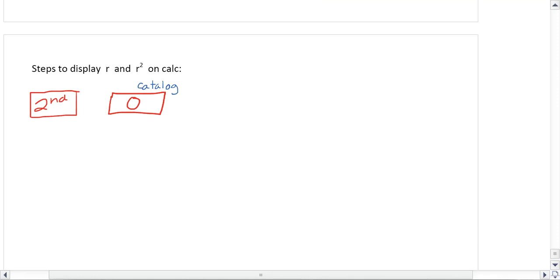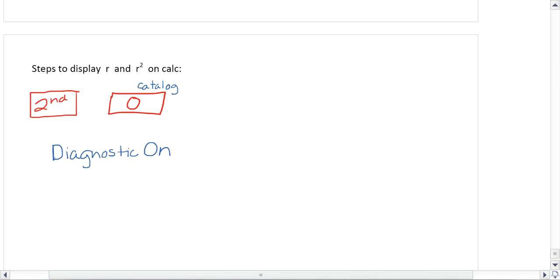Now we're going to look at how you get the calculator to display the R and the R squared. These are a real pain to calculate by hand, so we're going to use the calculator as our tool. The way you turn this on, we need to go to the catalog, and the catalog is the second function of the 0 key. So you hit second 0, and a huge list will pop up. And we will be looking for diagnostic on.